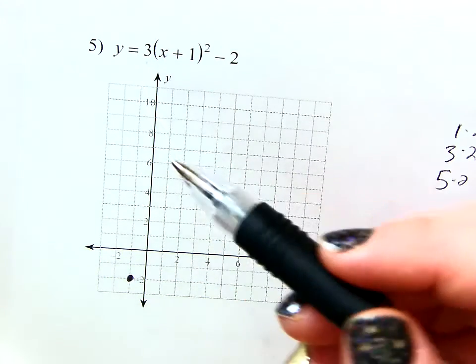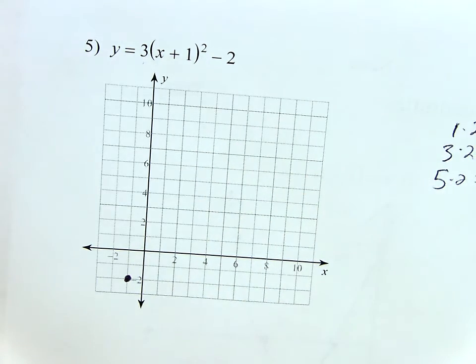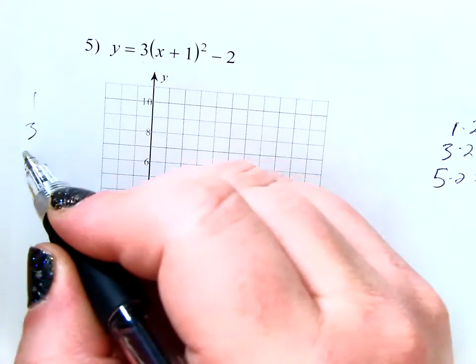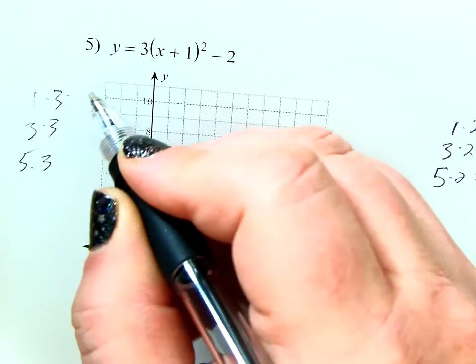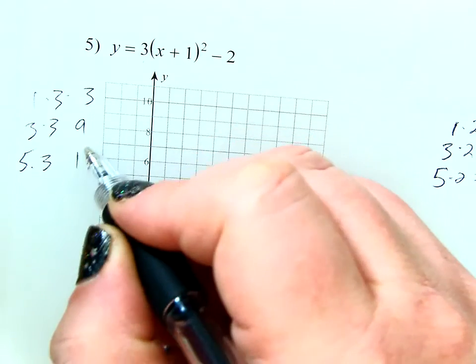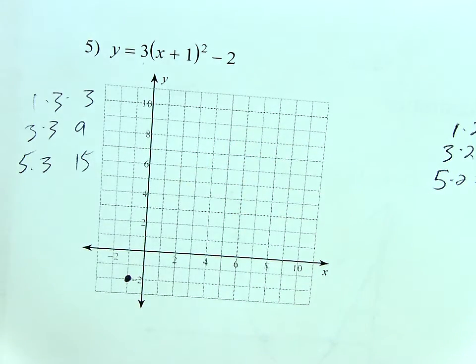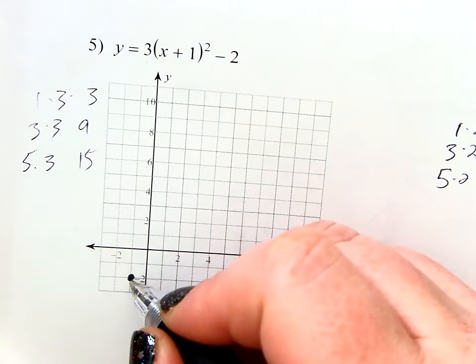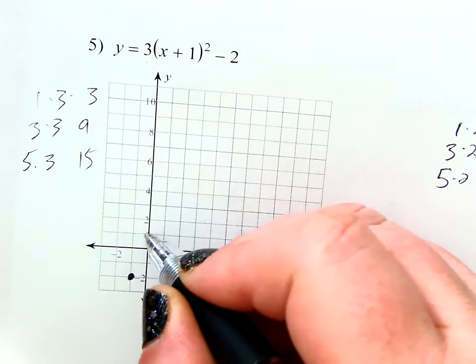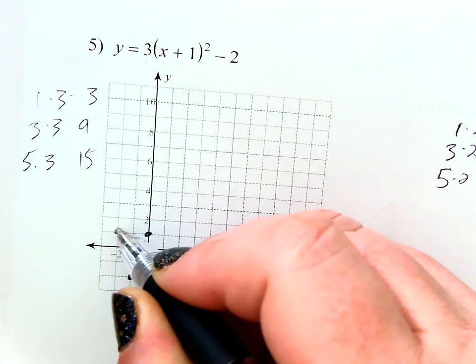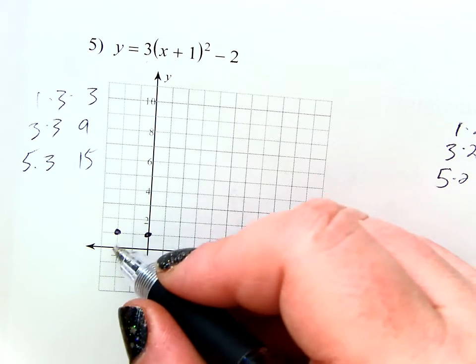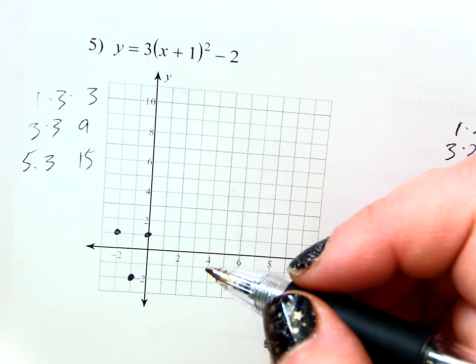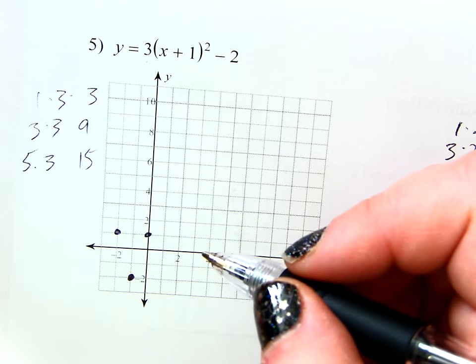-1, -2, correct. And then because A is 3, instead of doing 1, 3, 5, I'm now multiplying all of these by 3, so I'm going to do 3, 9, and then I would do 15 if I could, but I can't. So I go up 3, 1, 2, 3 over 1. So please check that you have a dot at 0, 1 and at -2, 1.